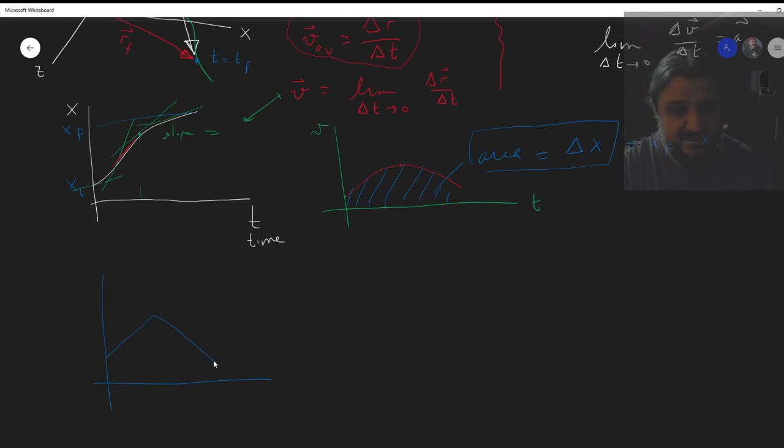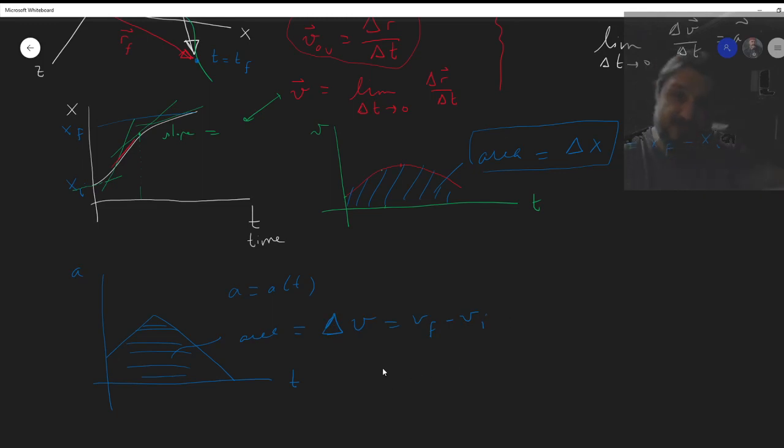So if this is your acceleration, some arbitrary function, but it has to be a function of time, okay? A is a function of time. What do you do? You find the area under it. This will give you the change, delta means change, in v. So v final minus v initial.